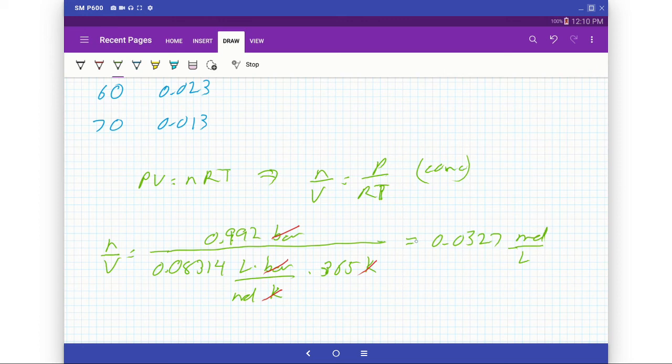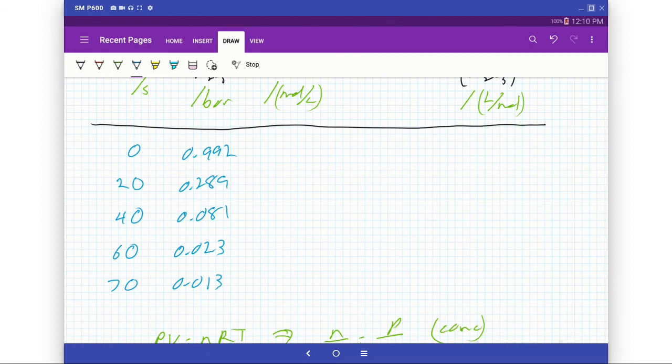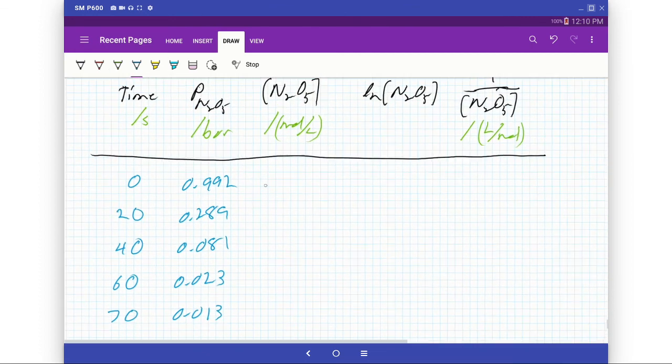I'm going to substitute that back up here, and we have 0.0327. The natural log of that number is negative 3.420. And 1 over that value is 30.6.